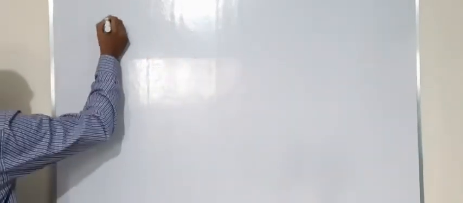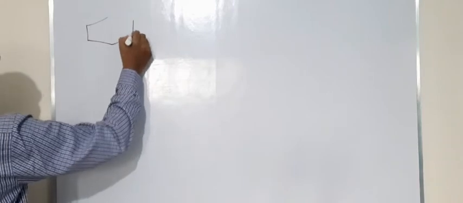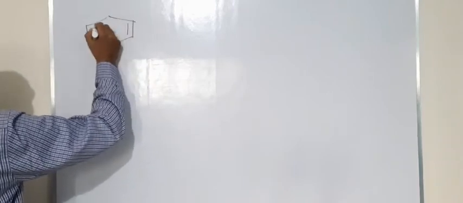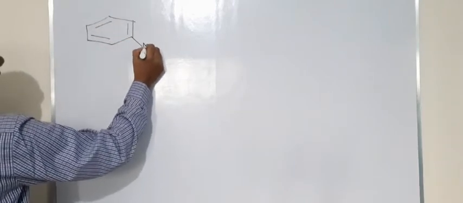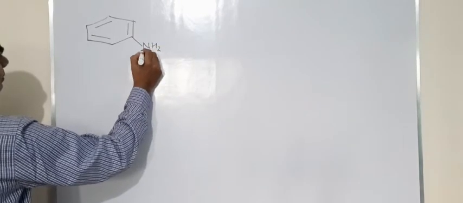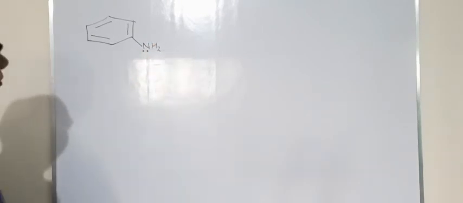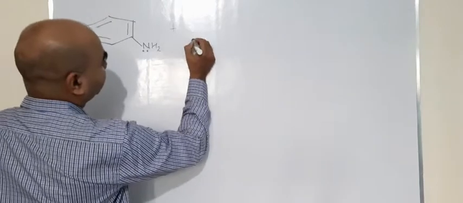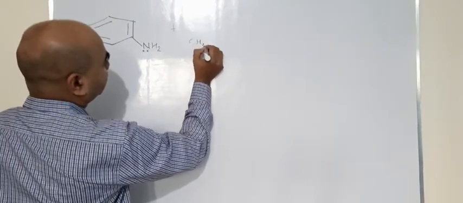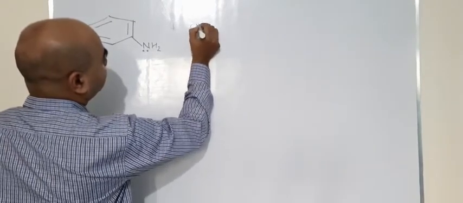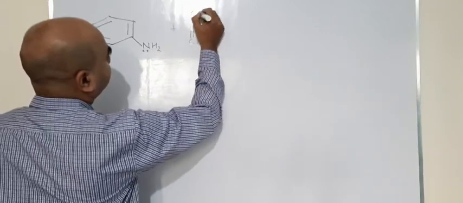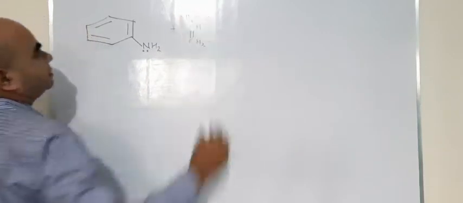So you see we have aniline, and this is going to react with CH2=CH-CHO, this aldehyde.